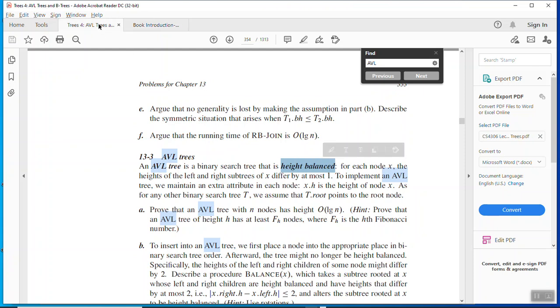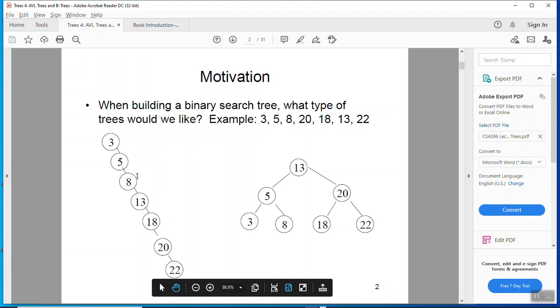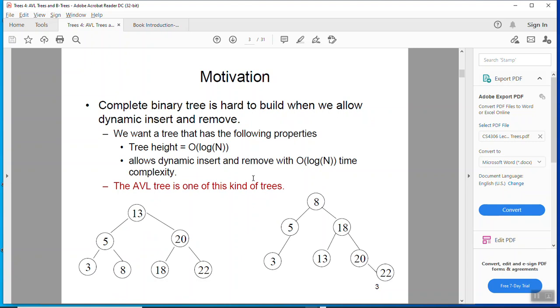That means the problem of the BST, that its height is not balanced, is solved in AVL trees. The maximum height is big O of log n, so insertion, removal, and searching can all be done in big O of log n time, with base 2.